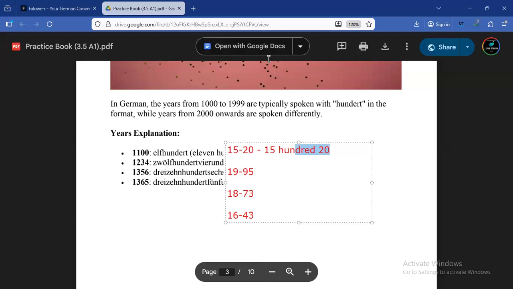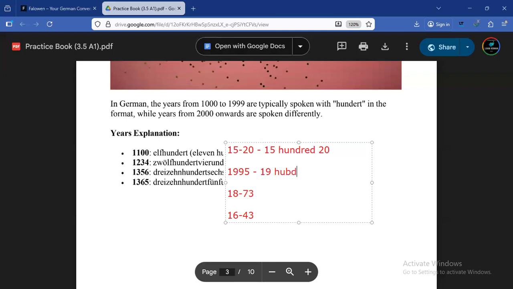Fünfzehn, und 20. Where is the und coming from? So, 15, 20. Yes, so that's going to be fünfzehnhundertzwanzig. So in English we say fifteen twenty, but in German we say fifteen hundred twenty. So we just put hundert in the middle.